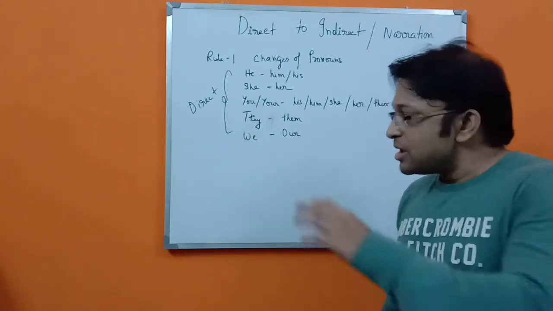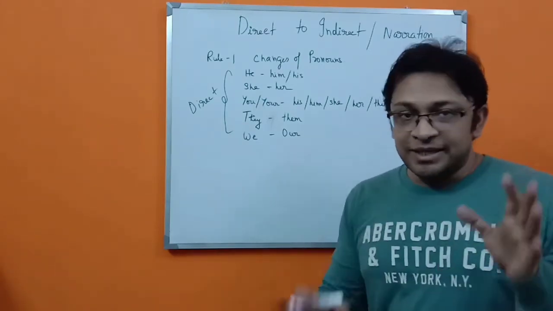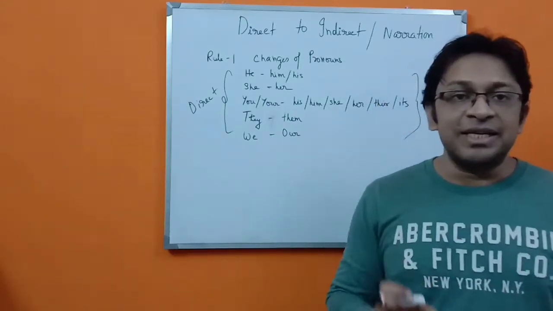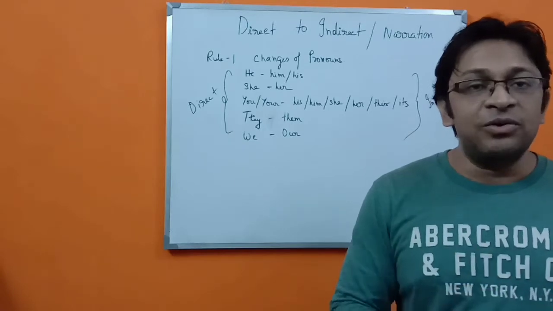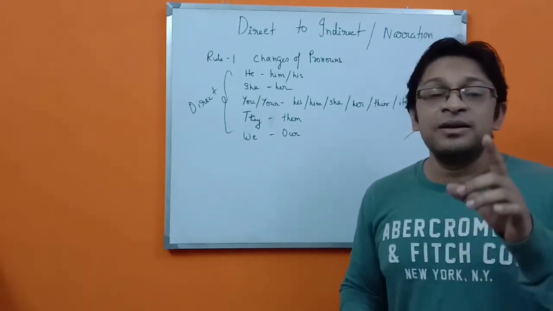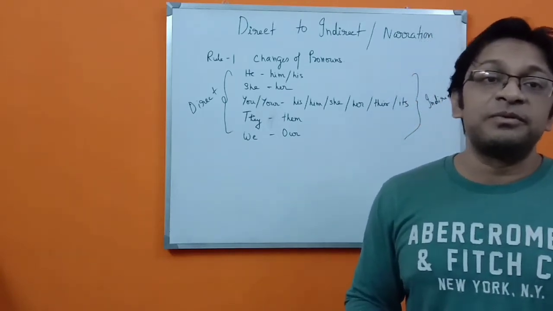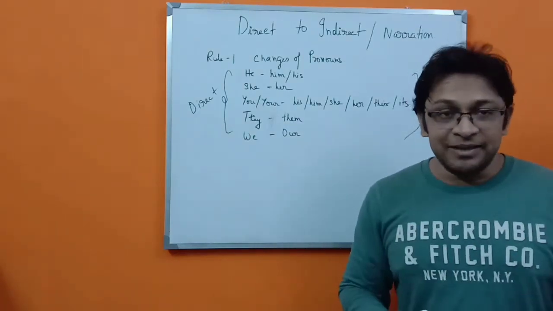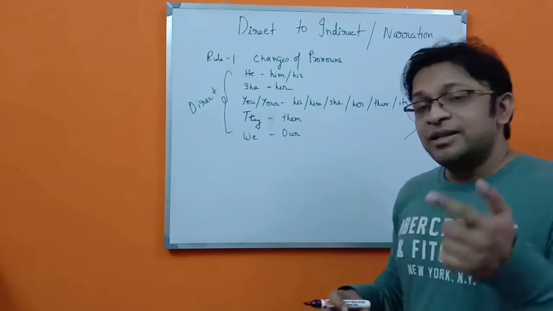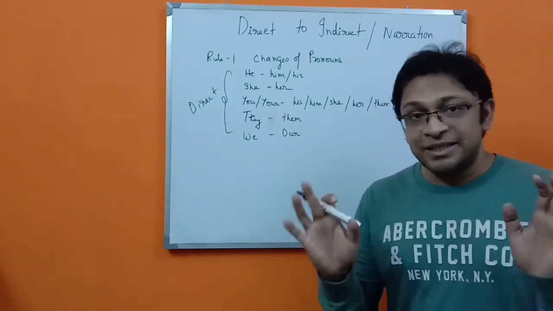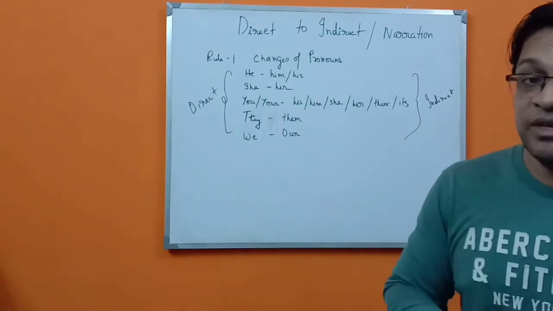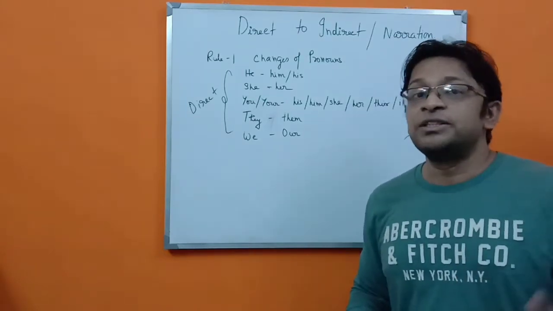When the direct sentence is given to you in your questions, you have to see what pronoun or noun is being used before the reporting verb or before the principal verb. Because by that, you are going to change the rest of the pronouns of the sentence within the inverted comma accordingly. So you have to be very careful while solving those questions.